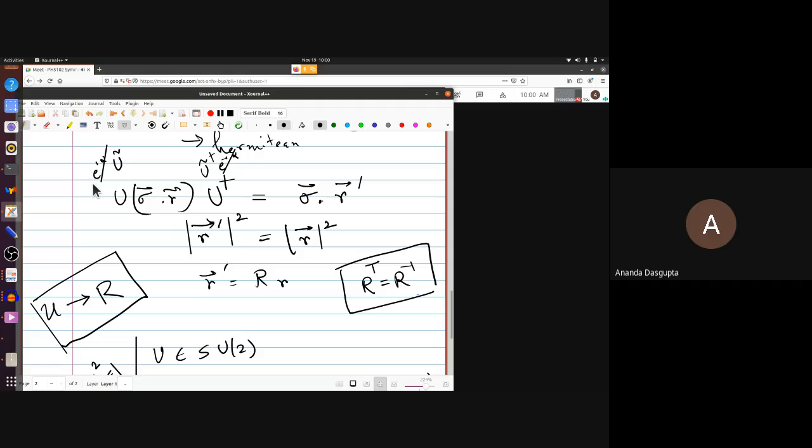What that means is there are infinitely many unitary 2x2 matrices. Just start with any given SU2 matrix U tilde and multiply by any phase factor that you want.